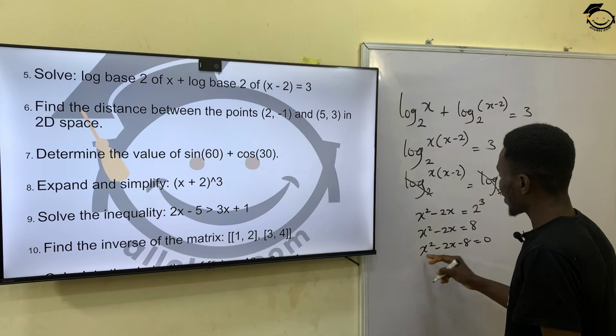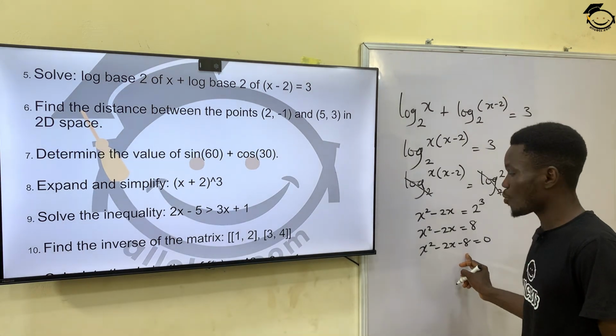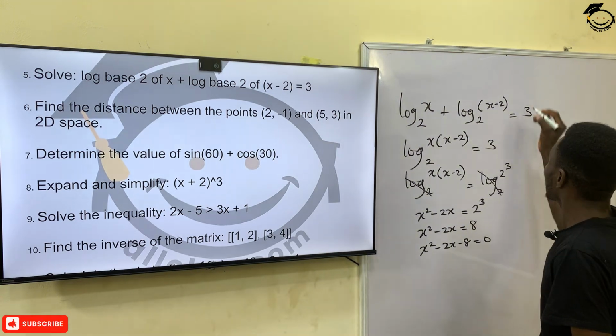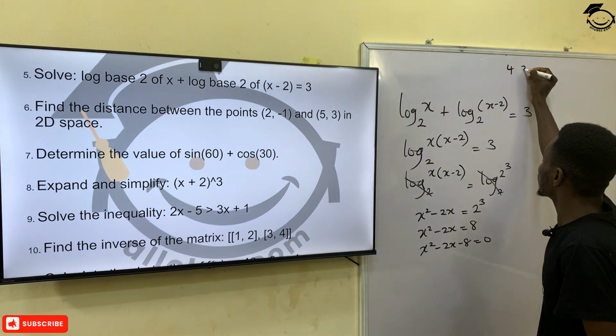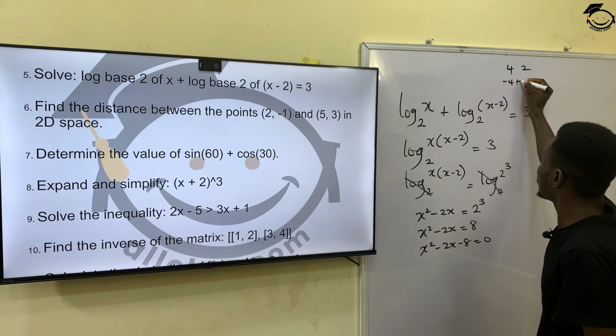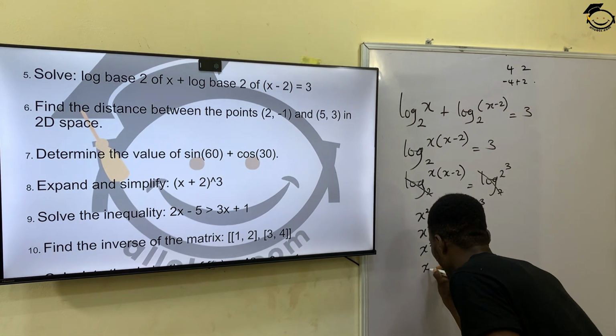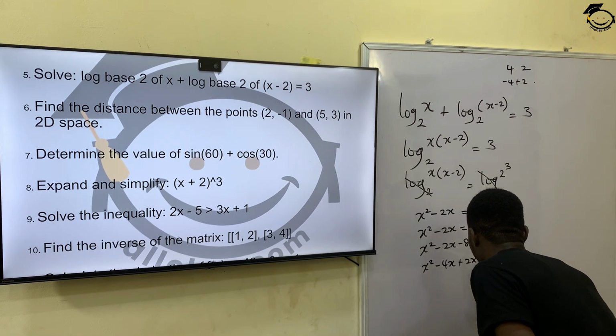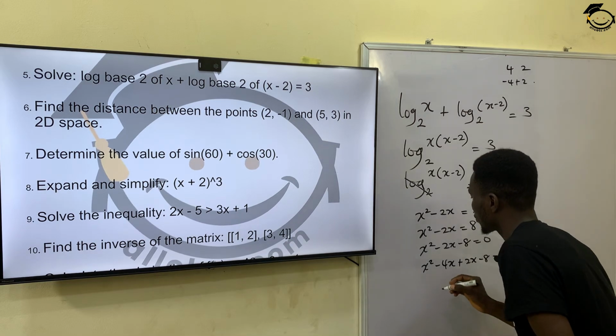So if I multiply these two together, I'll get minus 8x squared. And then if I factorize it, what factors do I have? 4 and 2. Because this is minus here, that means I have minus 4 plus 2. So I have x squared minus 4x plus 2x minus 8 is equal to 0. So I will group them.